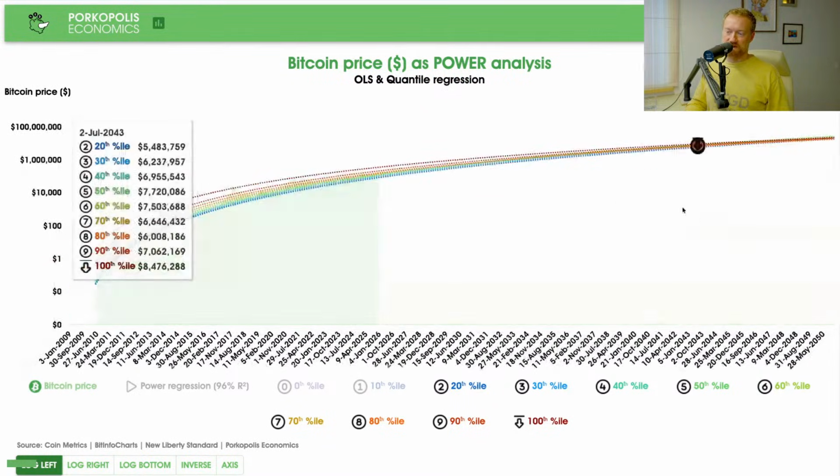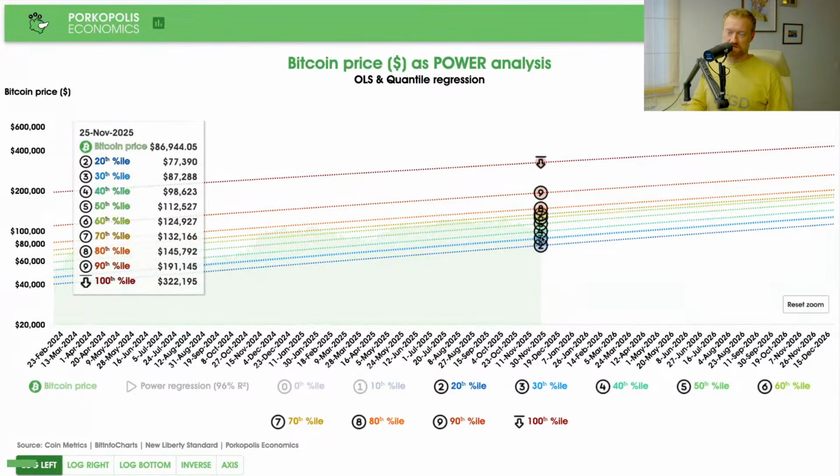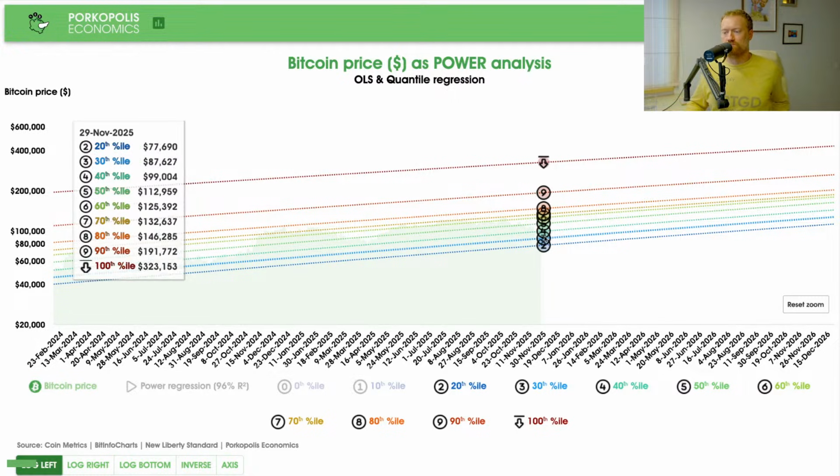And if we go to the 80th percentile, which again is even stronger statistical support, that's only 77K. And that number, let's say, 3 months from now, 87K.